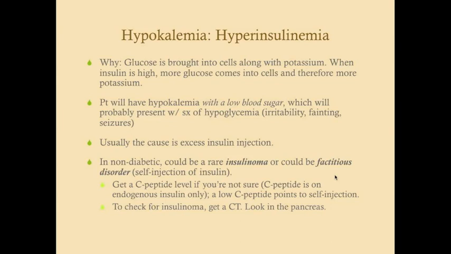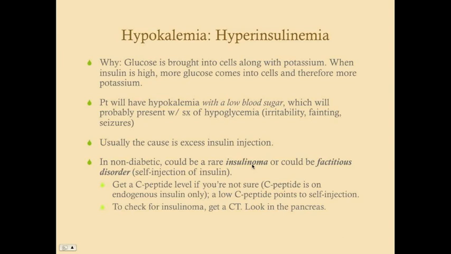So what you should do is get what's called a C-peptide level. C-peptide is just this little tail protein that's on your own insulin that you make in your pancreas, not the injected insulin. And so if you have an insulinoma, what you would think is that you would have a high insulin level and a high C-peptide level, because C-peptide is on your own insulin that you make in your own body.